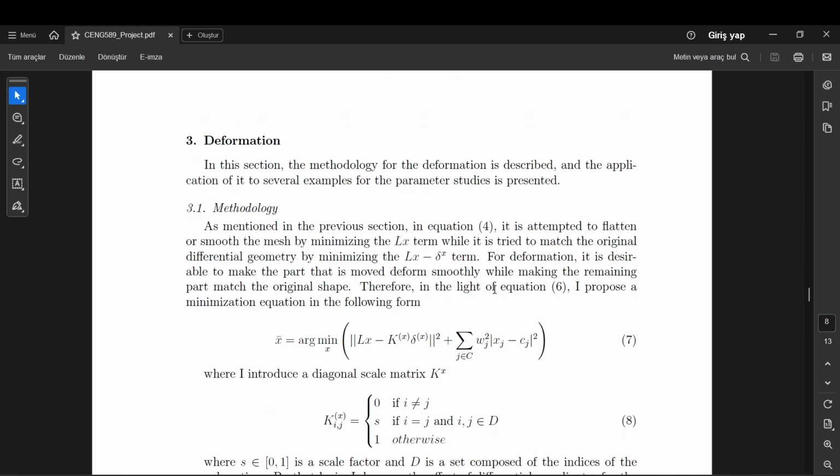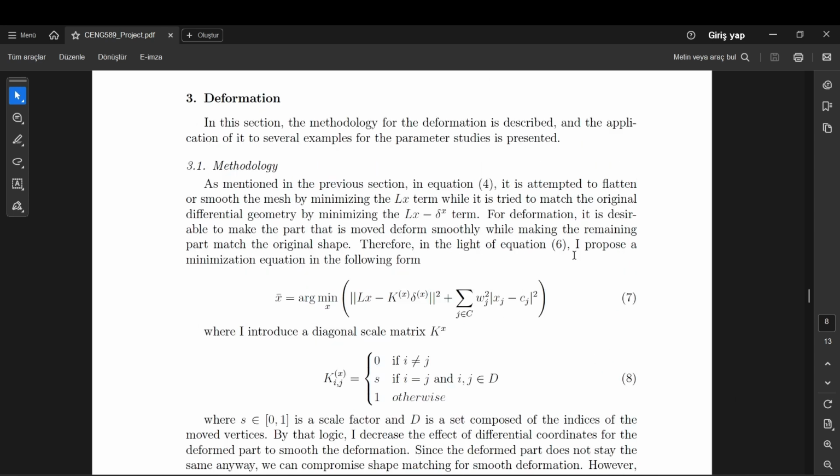Now I continue with the deformation part. For deformation, it is desirable to make the part that is smooth deform smoothly while making the remaining parts match the original shape. Therefore, in the light of equations that I showed previously, I propose a minimization equation in the following form.